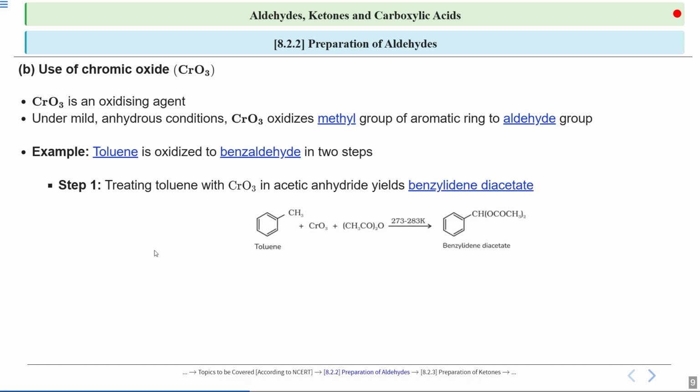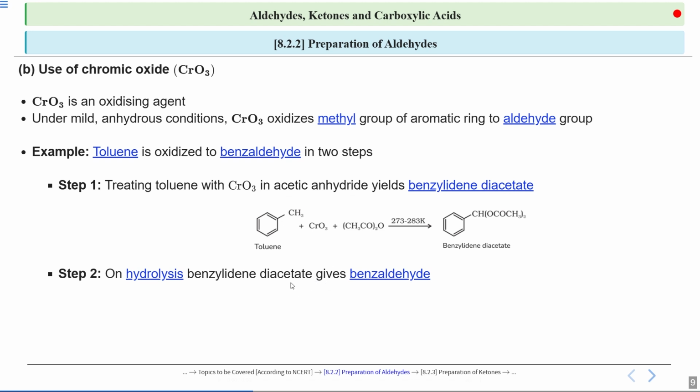If you see this image, this is toluene. When you treat it with CrO3 in acetic anhydride, this forms benzylidene diacetate. That means you are adding the acetyl group to the molecule. Step 2 involves hydrolyzing this benzylidene diacetate to yield benzaldehyde.